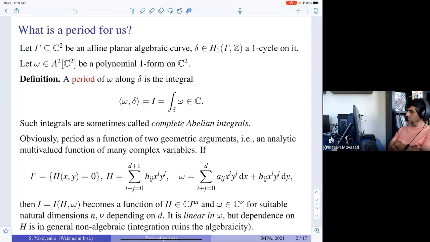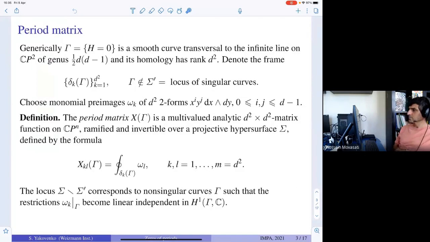What is much more difficult is how this period depends on the curve. As we know, curves might degenerate and so be singular, and for some curves it's not clear how you define cycles, whether they can pass through infinity, and so on and so forth.